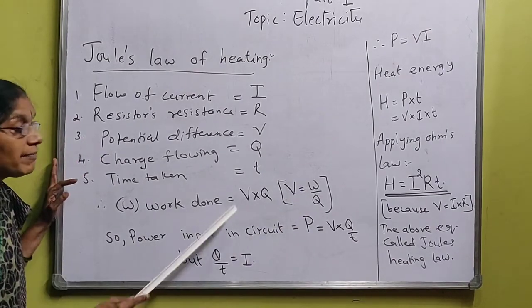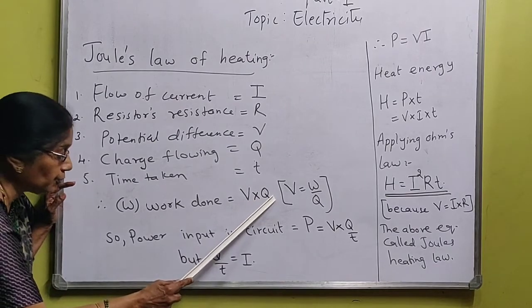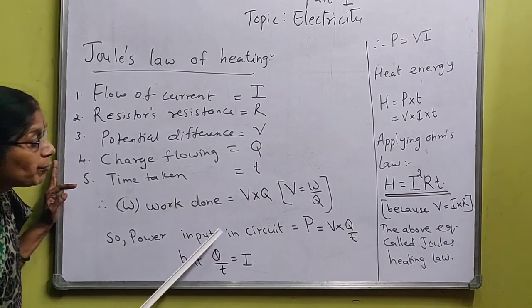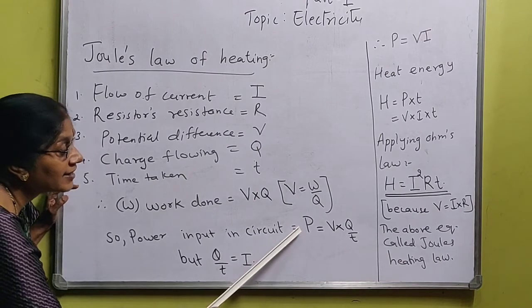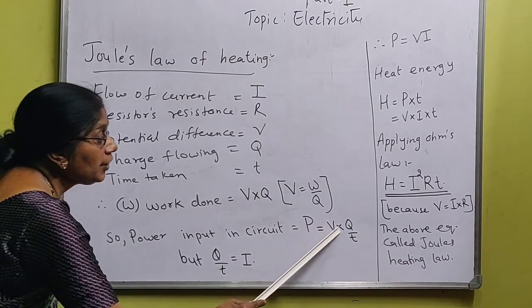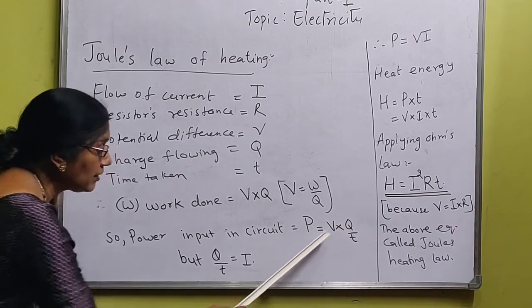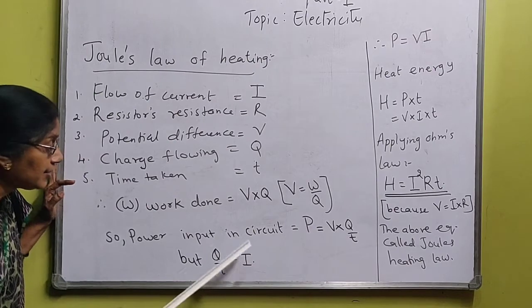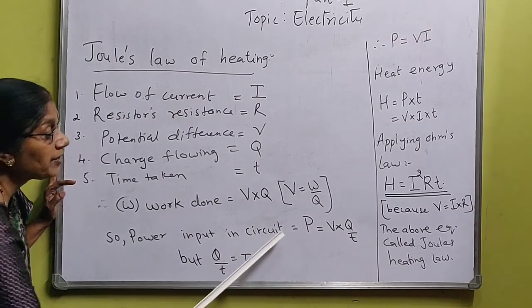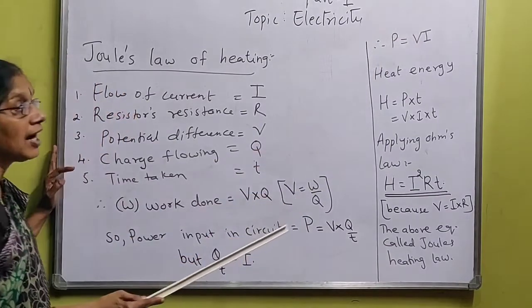Work done is given by potential difference into charge, V into Q. So power input in the circuit is denoted by P, which is equal to V into Q by T, where Q by T we know is the current. So we can say the power input in the circuit is P is equal to V into I.